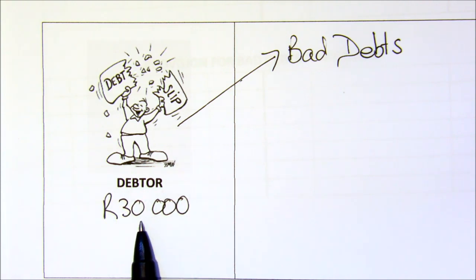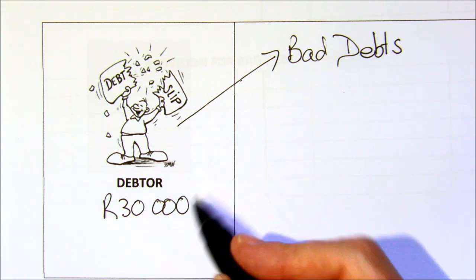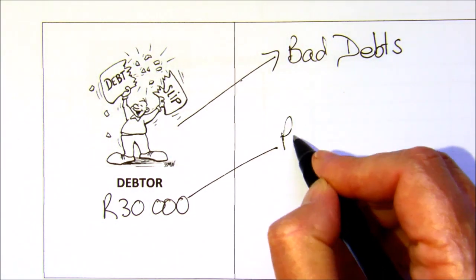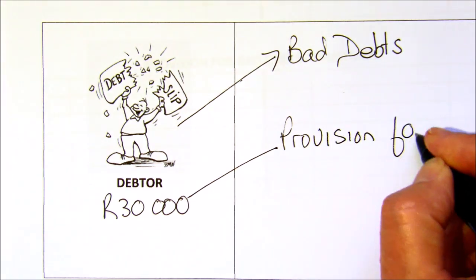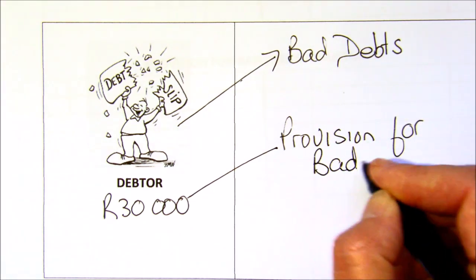Now, reality is that it doesn't always come in. And statisticians in a business will go through the past trends, and they'll have a look and see, on average, what percentage of your debtors don't pay. And we're going to set up a provision for bad debts.